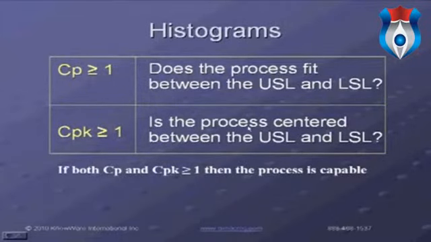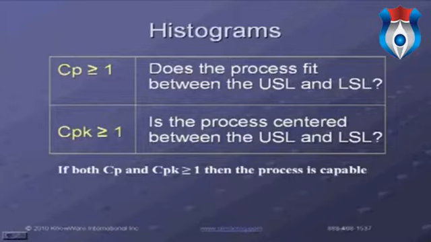Now in histograms, once you have both spec limits and you end up with a CP greater than 1 and CPK greater than 1: CP really measures whether the process fits between the spec limits, or does it span over them? If it's less than 1, then you've got some problem solving to do.